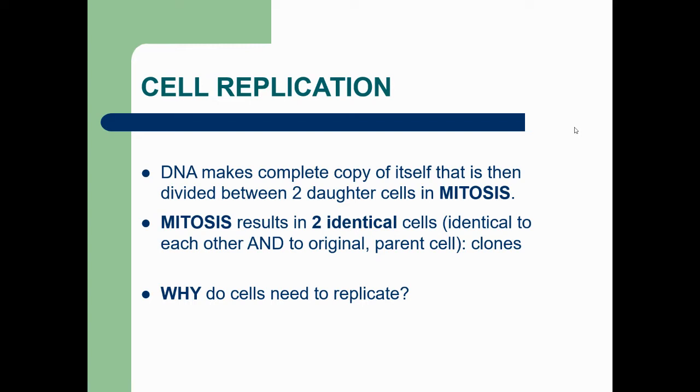The result of mitosis is two identical cells. Each one is identical to the parent cell, so they are identical to each other. This is cloning. So why might cells need to replicate? Why would I need an exact copy of a cell?